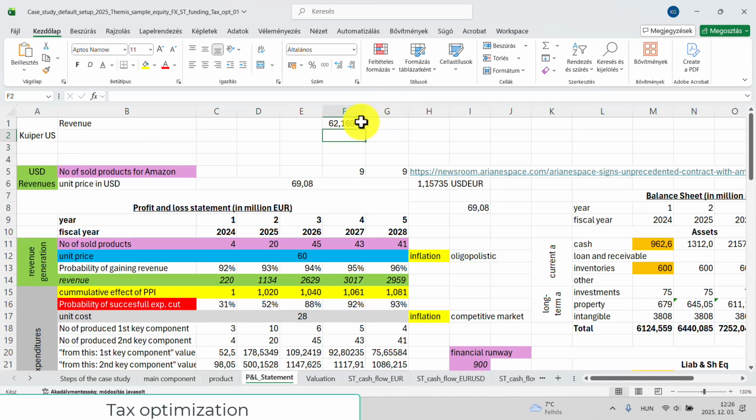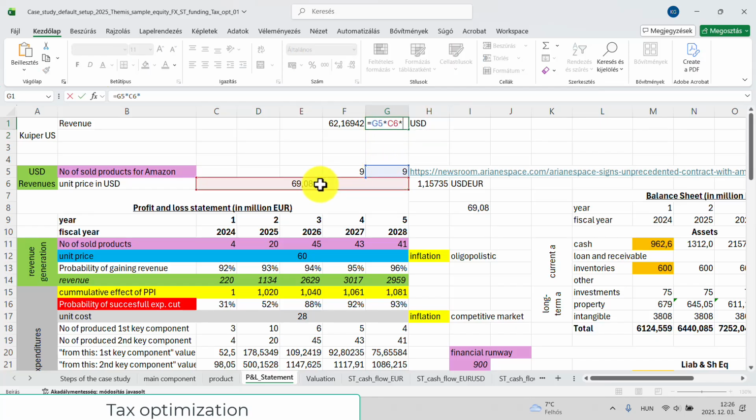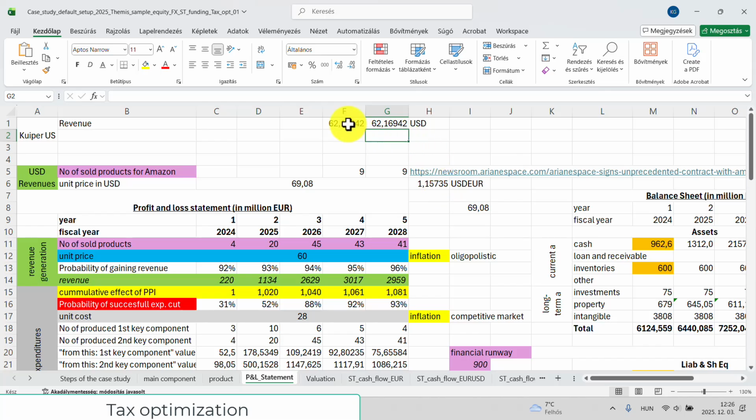Yeah, this is the proper one. And this is in US dollars. And again, this one multiplied by this 0.1. So this is the original revenue, then interest at the end of the year.